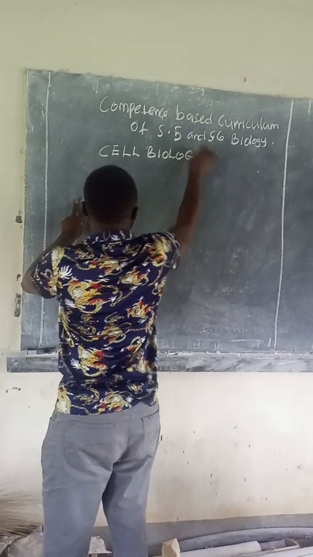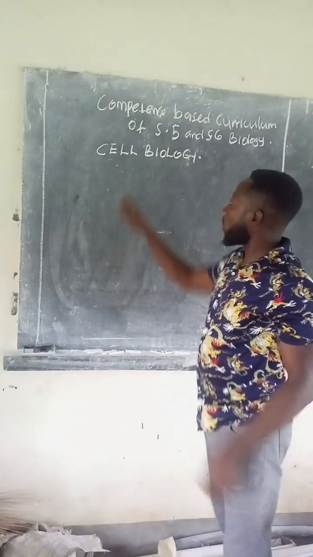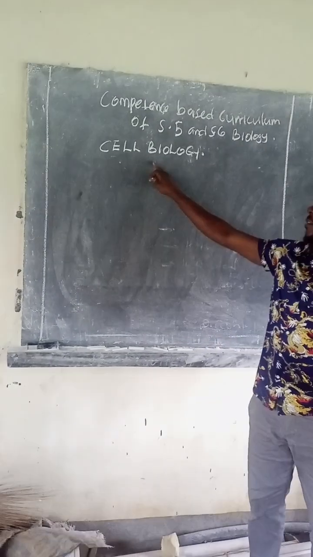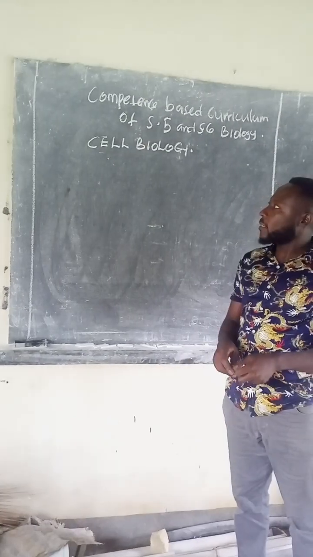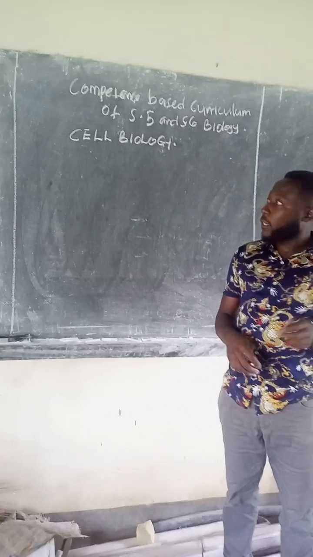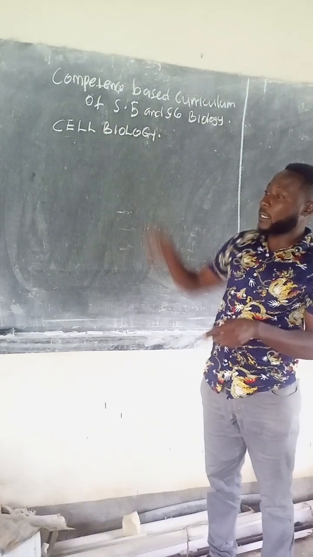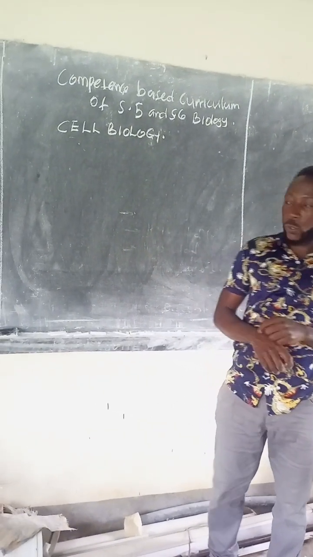Cell biology. So this is the first topic that is started in senior 5, and it is our first topic. And under this topic, we have so many things that we are going to do.